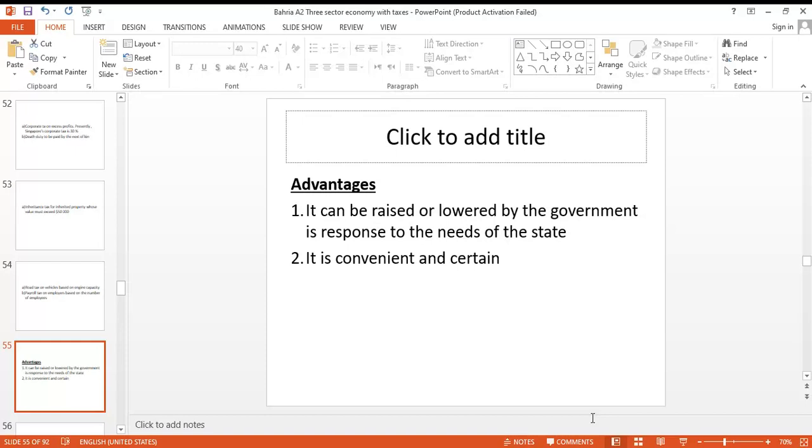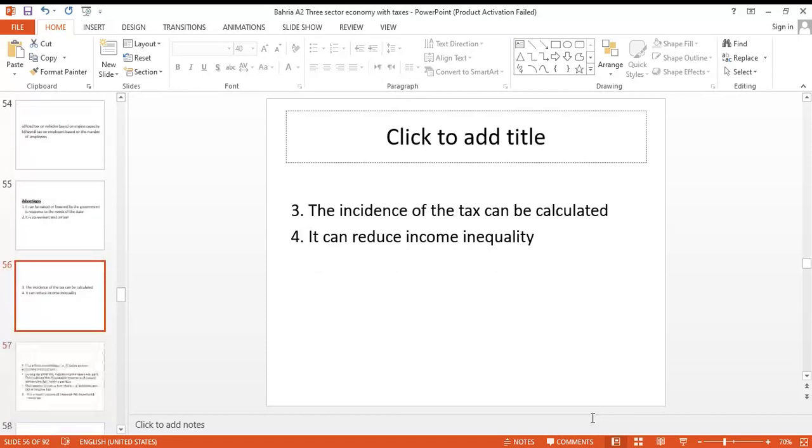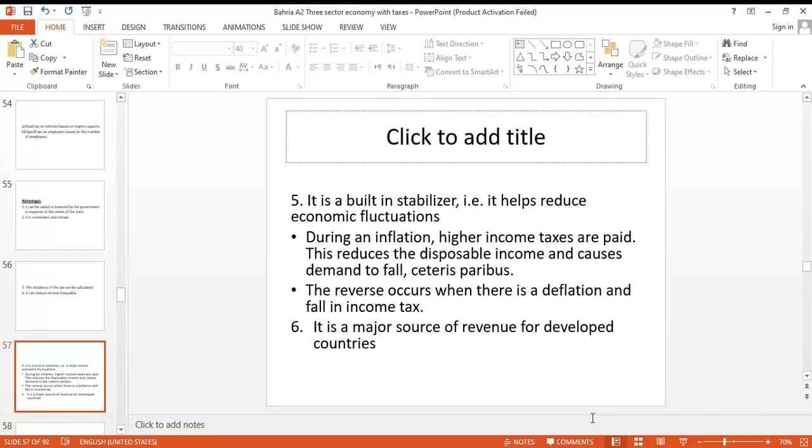The government can increase it if it wants more revenue. It is convenient, as we know from the canons of taxation, that certainty and convenience is a very important thing in good taxes. It can be calculated with reasonable degree of accuracy. How much will a person pay? And when it is channeled from the rich to the poor, then it reduces the inequality in the nation.